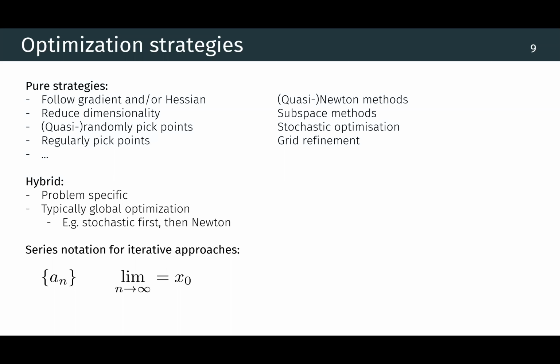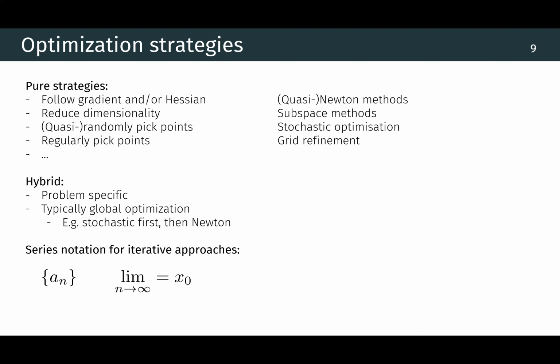So that's a grid refinement strategy. It scales awfully. The problem is that with higher dimensions, of course, the number of points you need to look at increases drastically. So this is usually a method of last resort and hardly ever affordable. But these are the main strategies there are.